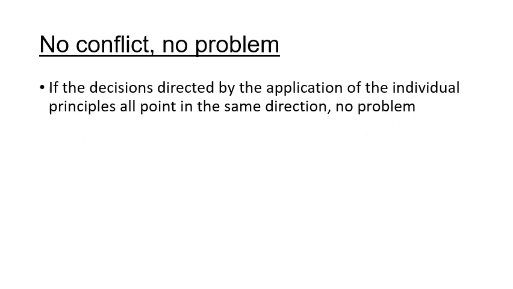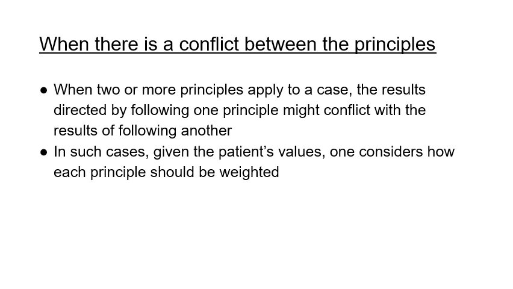As you're applying the principles to a specific case, if the outcome dictated by the application of each of the principles points in the same direction, you have no conflict. No conflict, no problem. When two or more principles apply to a case, the results directed by following one principle might conflict with the results of following another.